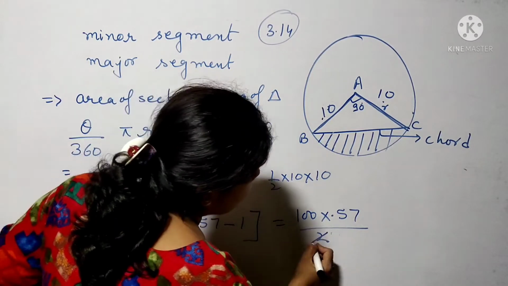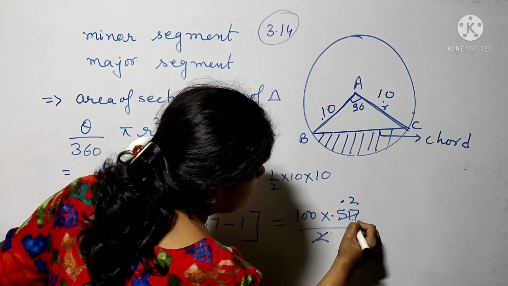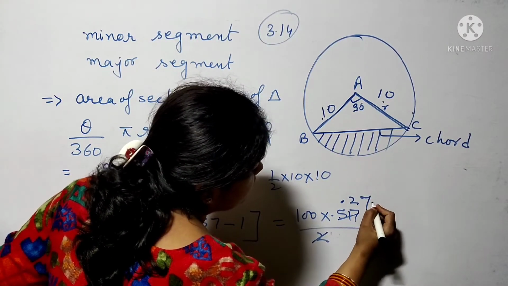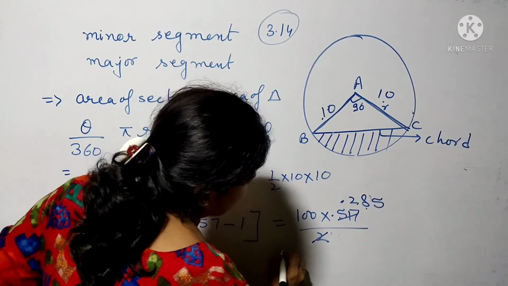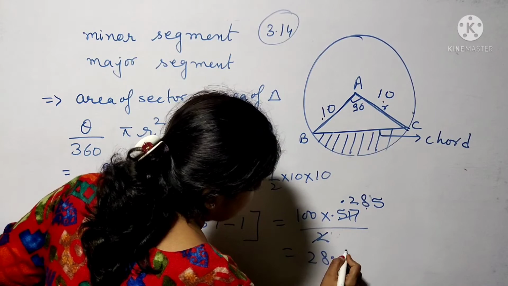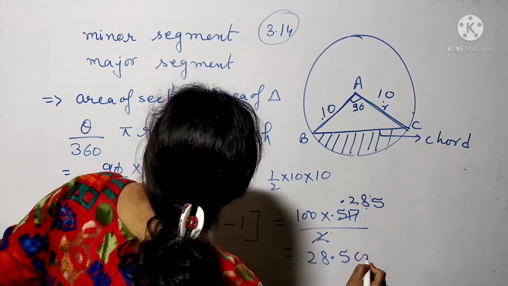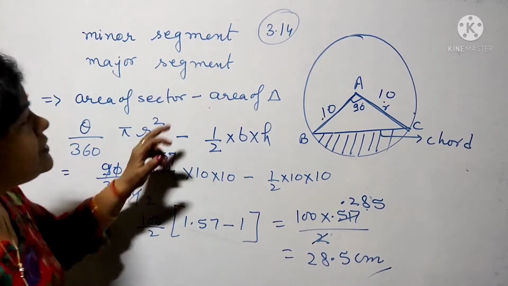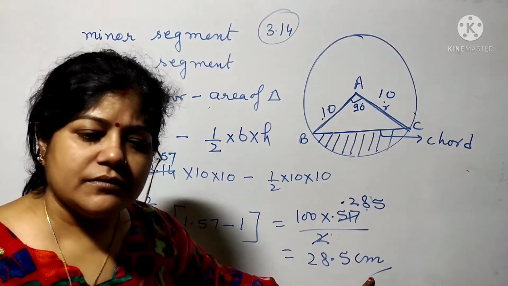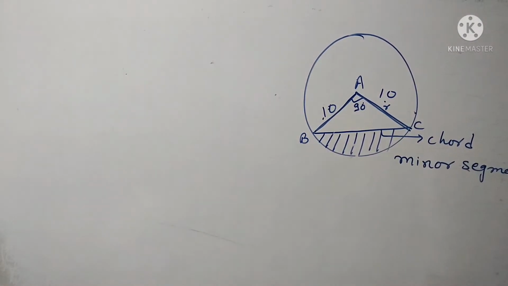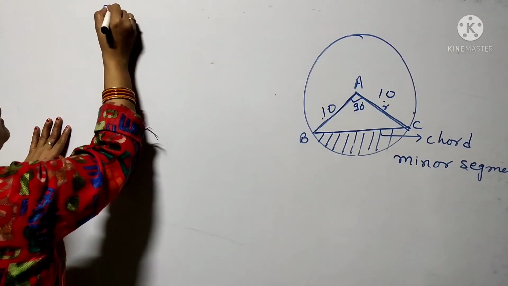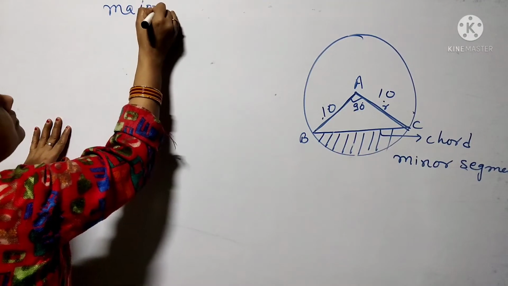We can solve it. When we multiply we get 28.5 centimeter. This is the area of the segment, not a length. 28.5 centimeter. Now the second part of this question, we have to find the major segment.